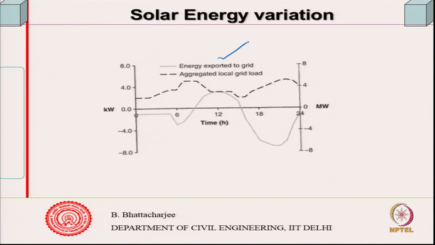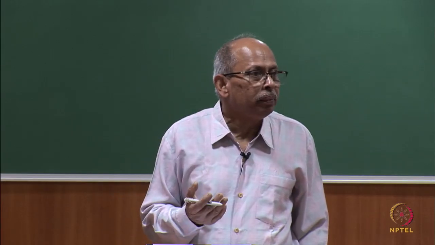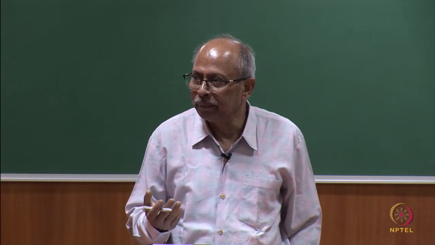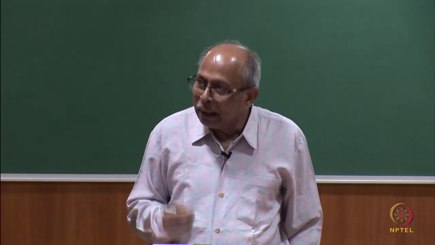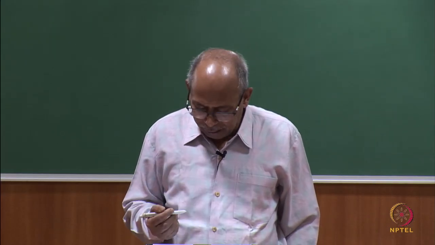If I plot energy exported to the grid and local grid load, because during the daytime noon you can actually export some energy, but in the evening you have to get from the grid.